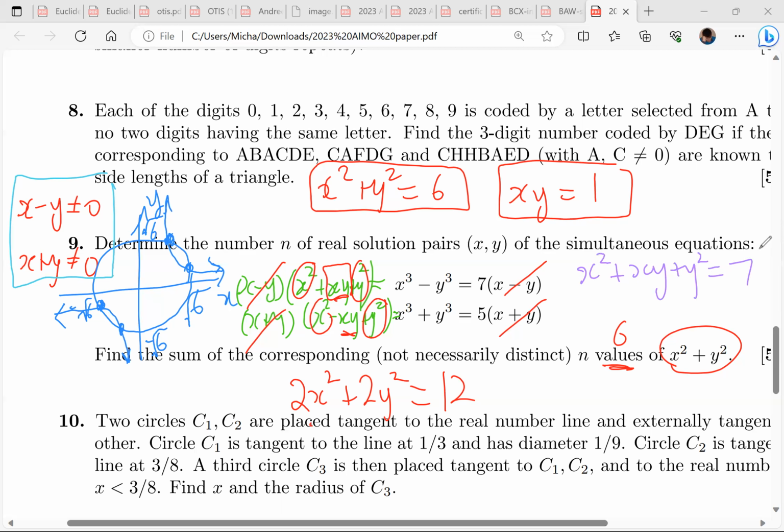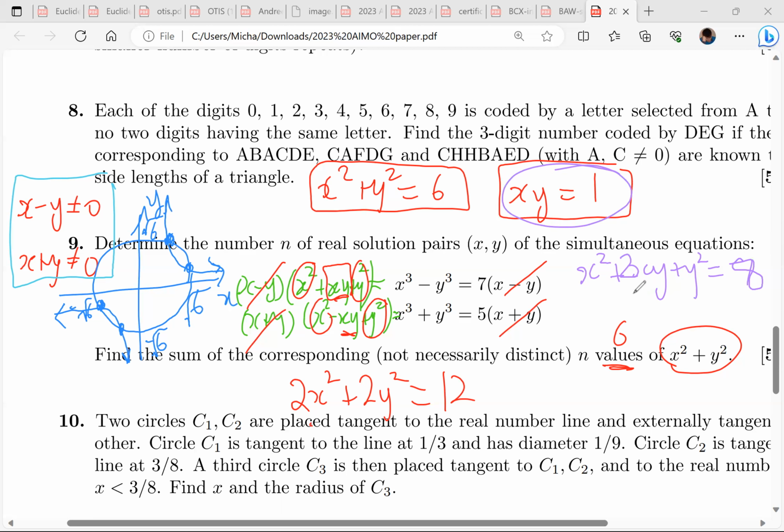What you can do is you can add xy to both sides. Then you get x squared plus 2xy plus y squared equals 8. Right? Because remember we know that xy equals 1. And the point of doing that is now this is a perfect square.